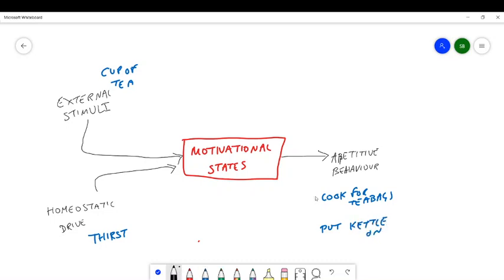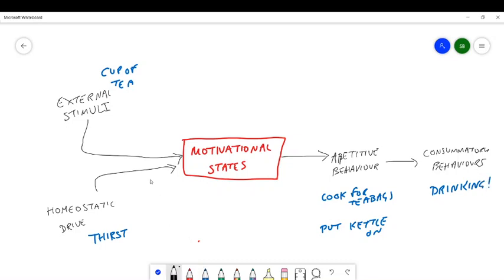And these in turn finally lead to the consummatory behaviours, such as, at last, drinking.